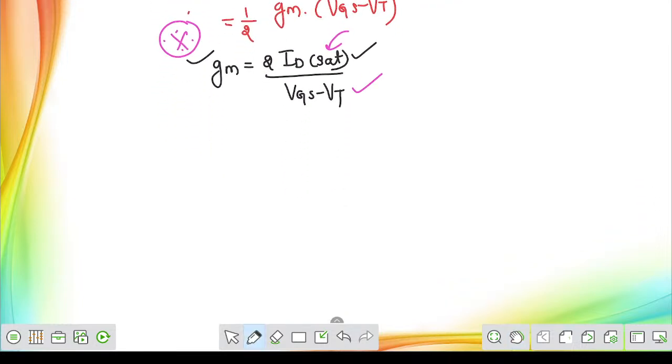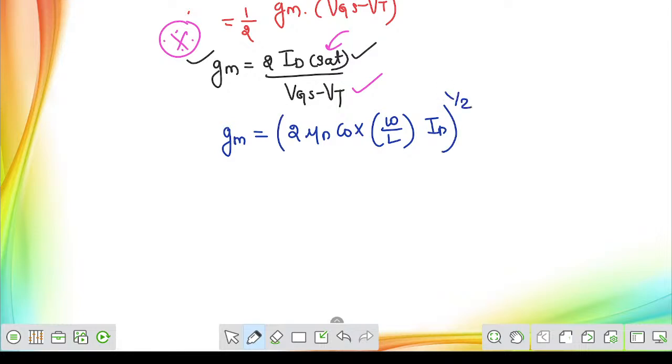You will be cross examining. This transconductance can also be rewritten as the square root of 2 mu n C ox, W by L, the width to length ratio, into ID, where I directly consider the drain current ID.